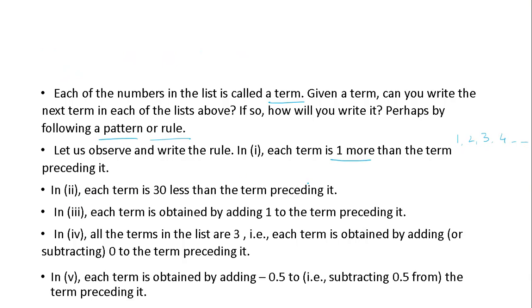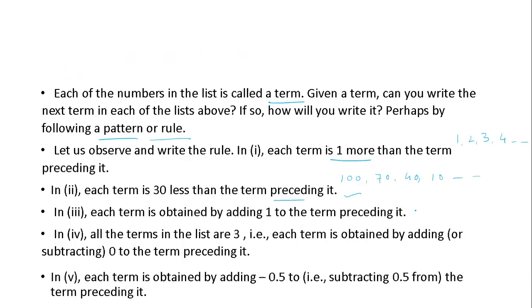Second one, that is 100, 70, 40, 10, and so on: each term is 30 less than the term preceding it. This is right. Third one: each term is obtained by adding 1 to the term preceding it.